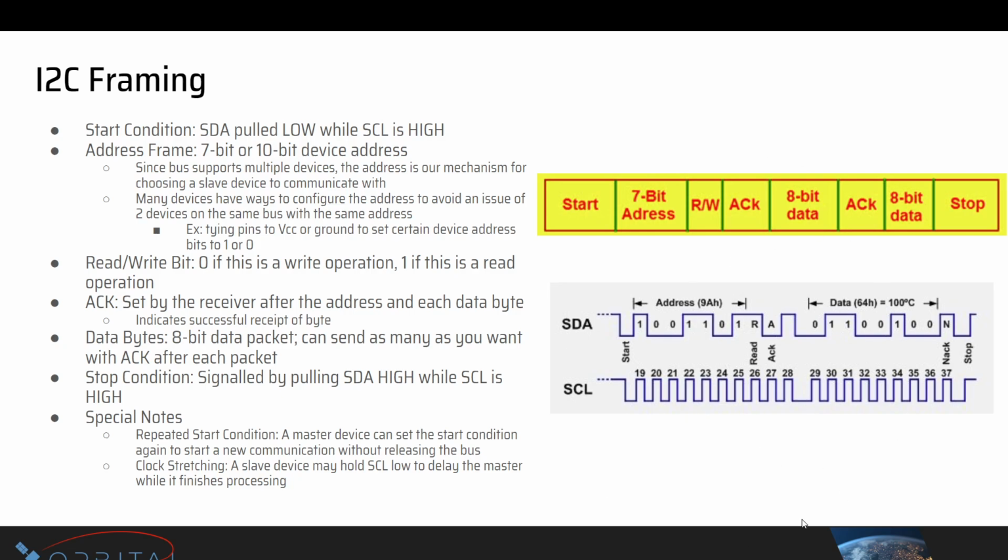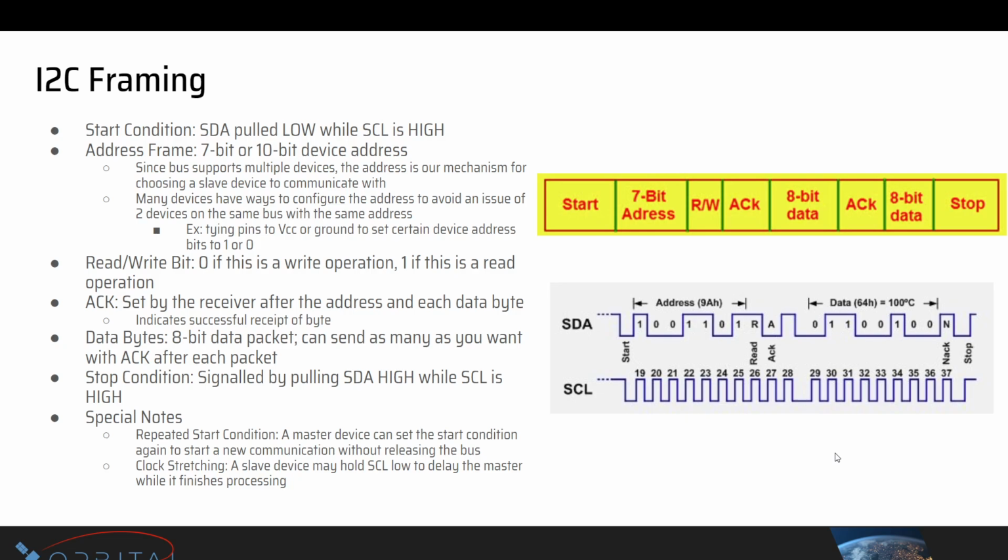Yeah. So as the master, before, you sent the address, and then you sent some 8 bits of data to set the... actually, I think it was 16 bits of data to set the pointer register. And after that, you could do another time where you sent the address, but this time it was a read, and then the temperature sensor would send back the temperature data.